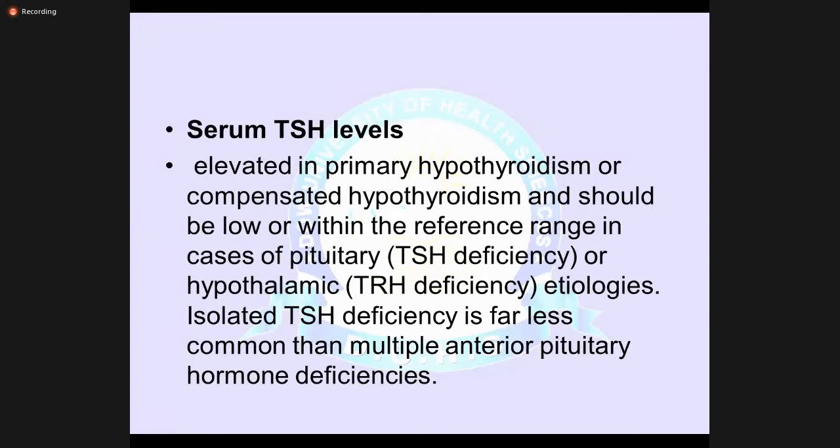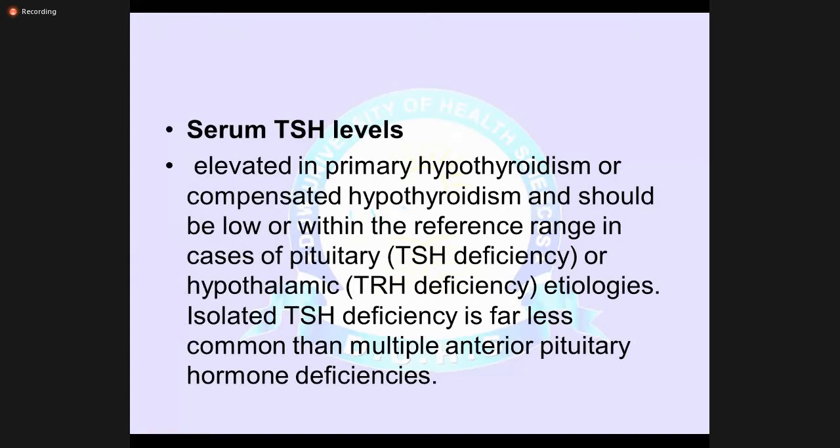The reason might be that this patient is having hypothyroidism because of a problem at the anterior pituitary level, and thyroid stimulating hormone is not being produced properly. That's why the thyroid stimulating hormone level is low, and as the thyroid stimulating hormone is low, naturally the thyroxine hormone level will be low. And if that decreased thyroid stimulating hormone is associated with other pituitary hormone deficiency, then you will suspect that the fault is most likely in the pituitary.